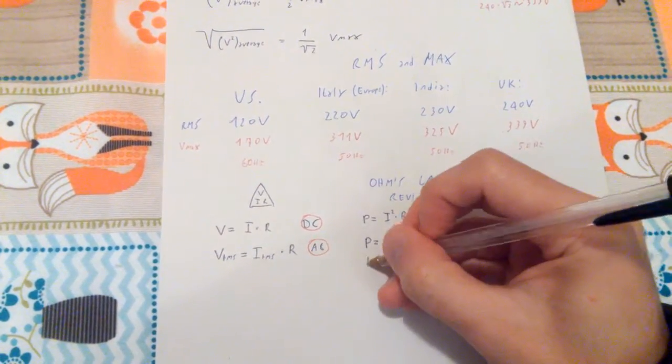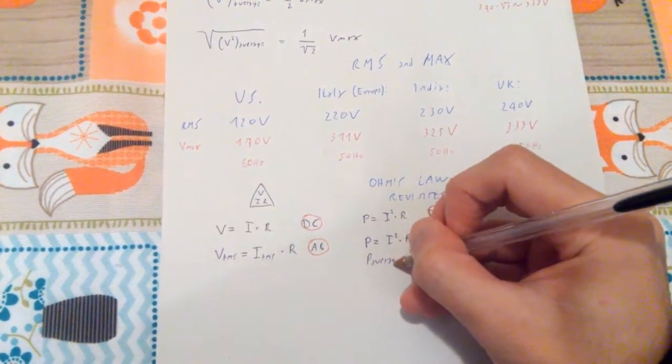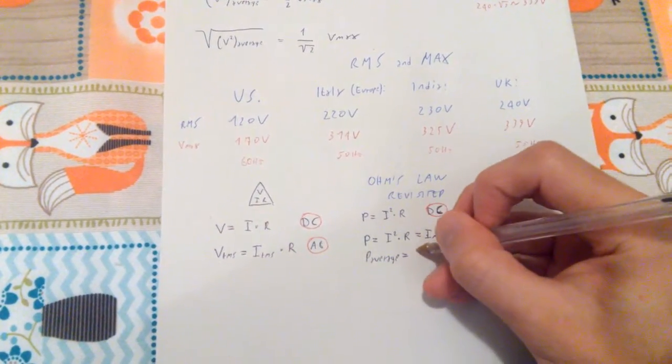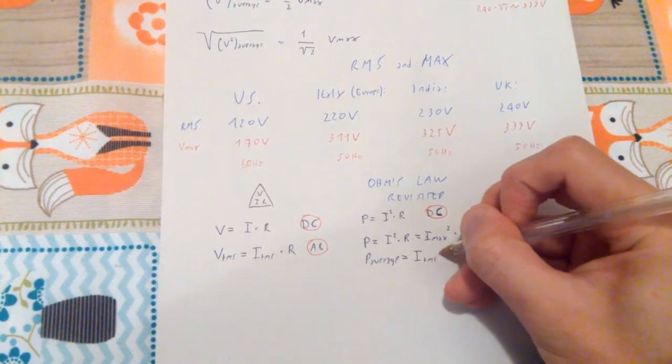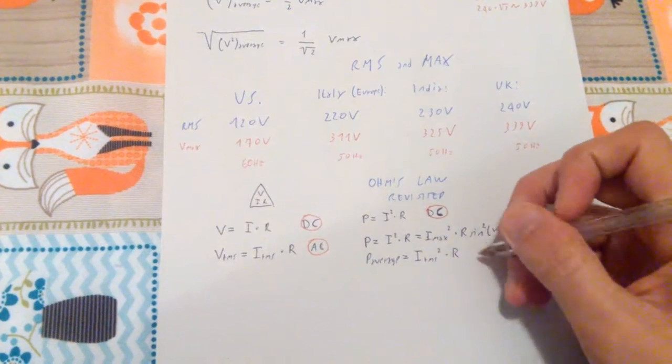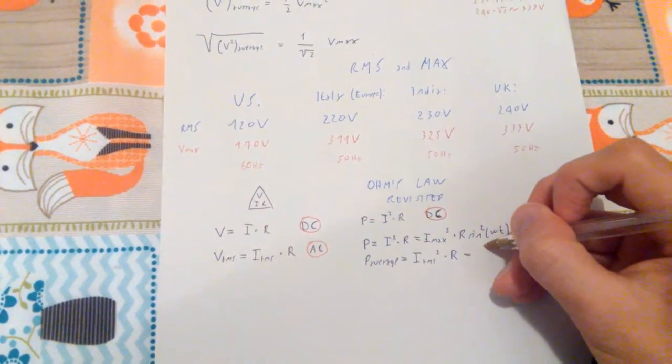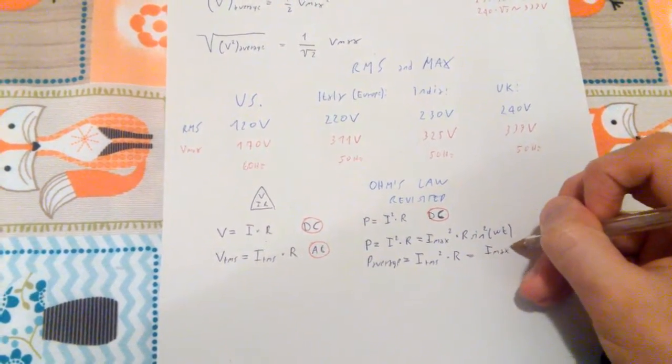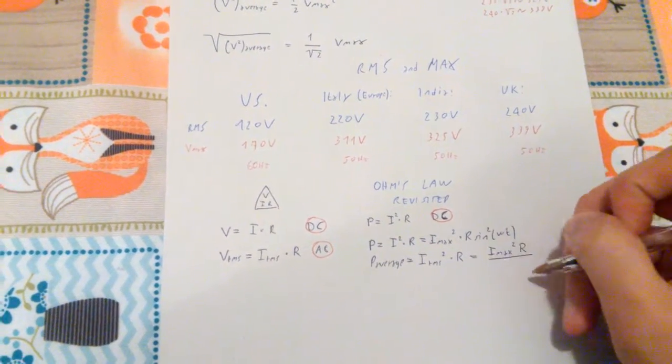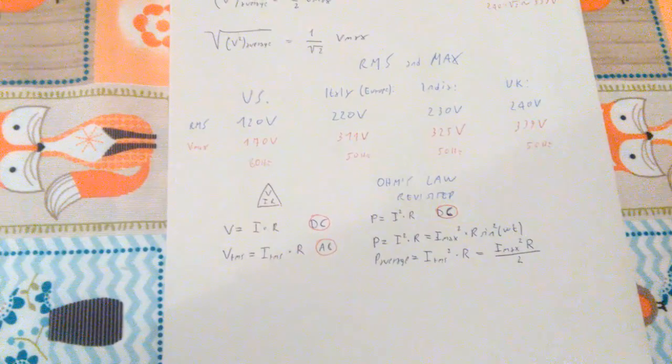But if you want the average power, it will be I RMS squared times R, which I can also write as I max squared R over 2.